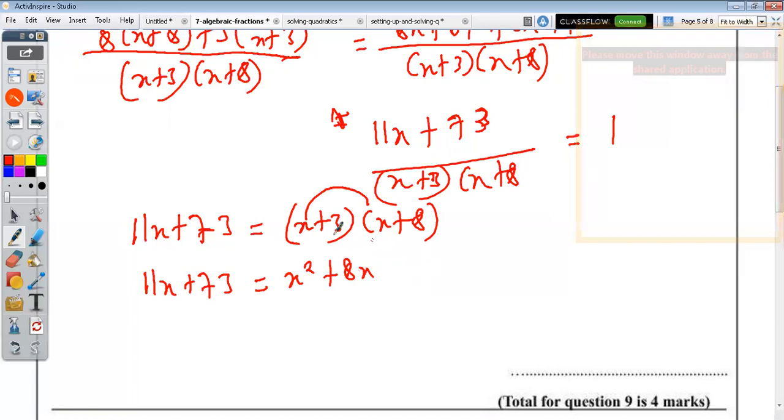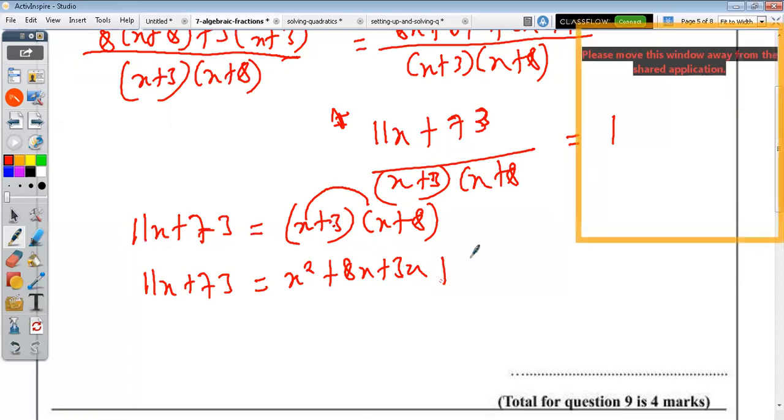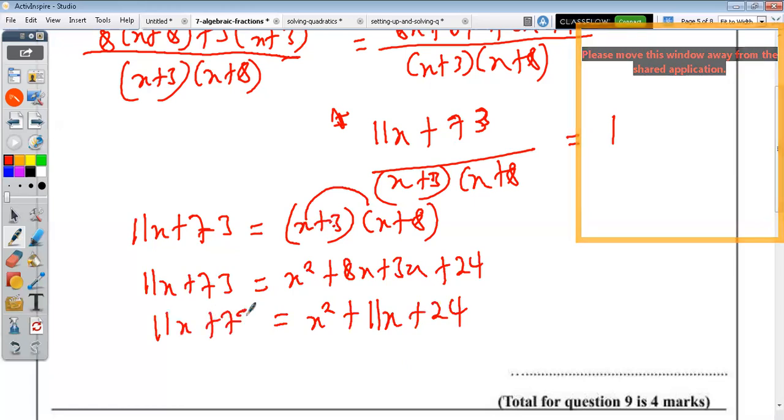Then 3 multiplies everything in the brackets: 3 times x, plus 3x, and 3 times 8, plus 24. So x squared plus 11x plus 24 is equal to 11x plus 73.